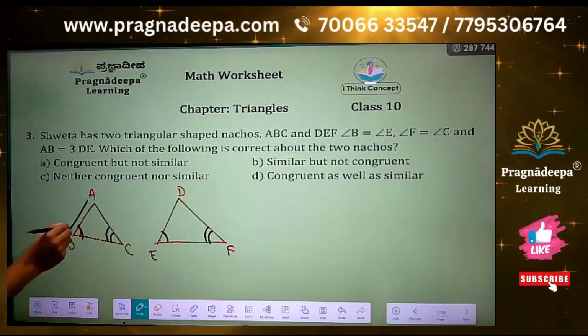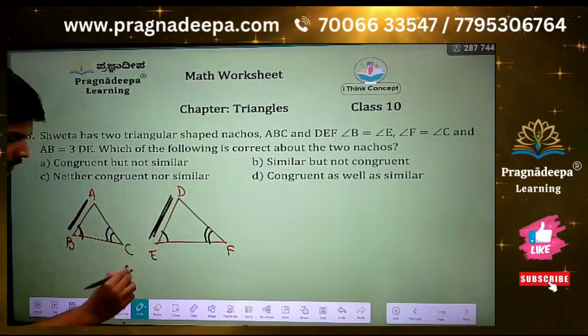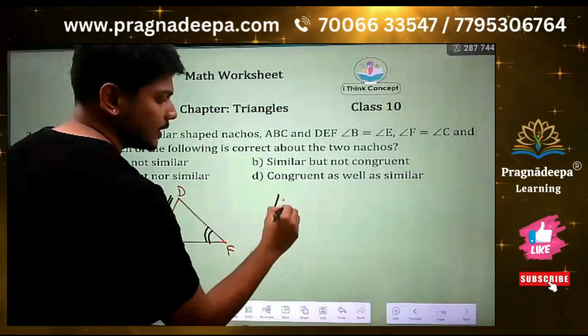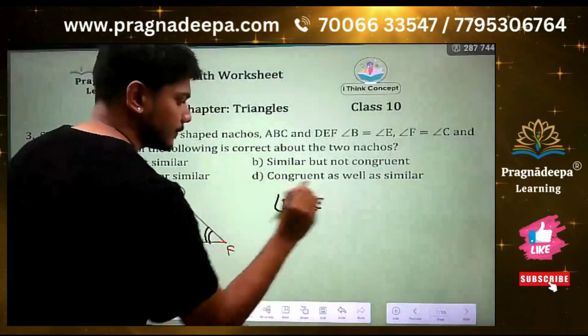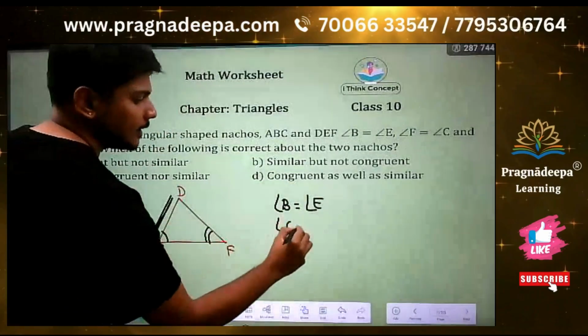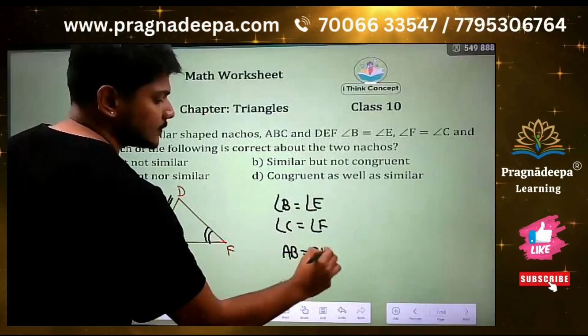AB is this side. So what have they given? Angle B is equal to angle E, angle C is equal to angle F, and AB is equal to 3 times DE.